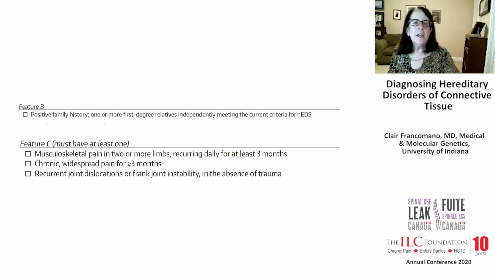And feature C, and the person must have at least 1 of these, with either musculoskeletal pain in 2 or more limbs recurring daily for at least 3 months, chronic widespread pain for greater than or equal to 3 months, and recurrent joint dislocations or frank joint instability in the absence of trauma. So under criterion 2, if 2 of those 3 features, A, B, and C, are present, then we say the person meets criteria 2.